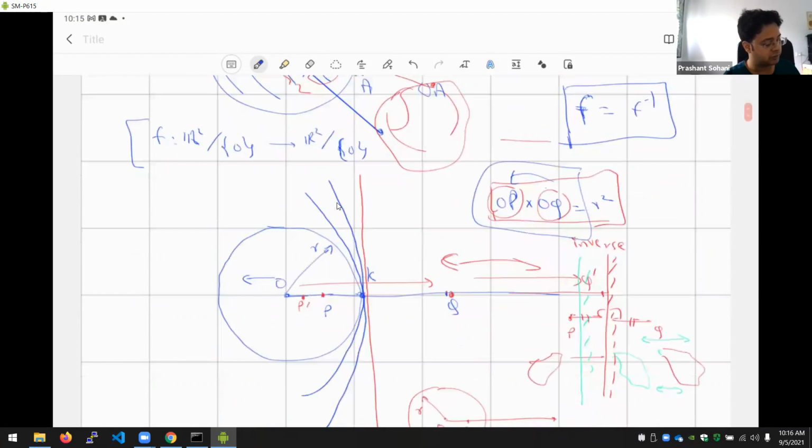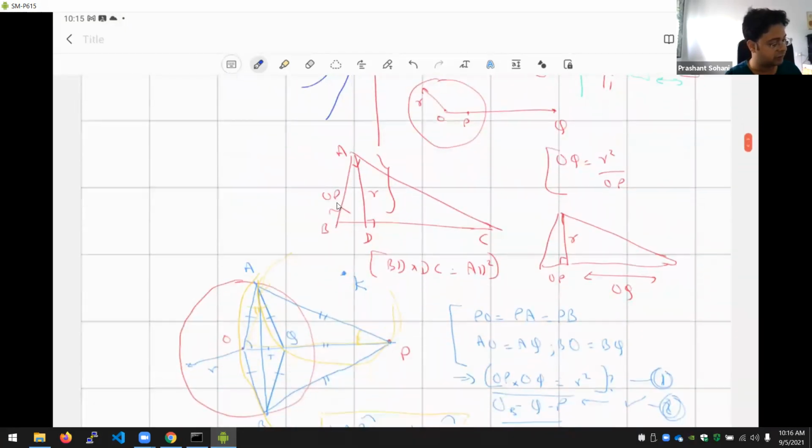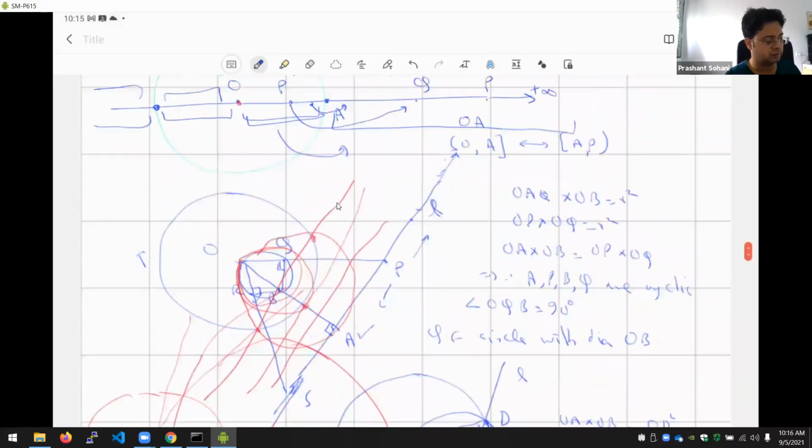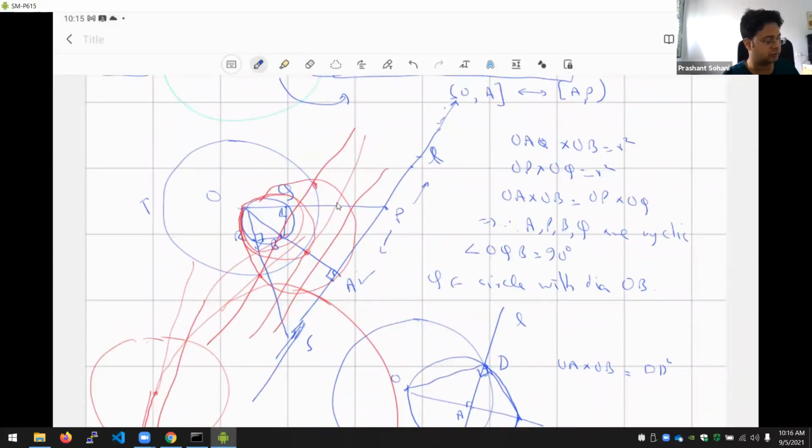Because of this, we just proved that a line has an inverse which is a circle passing through point O. Therefore, the inverse of a circle passing through point O will be a line.